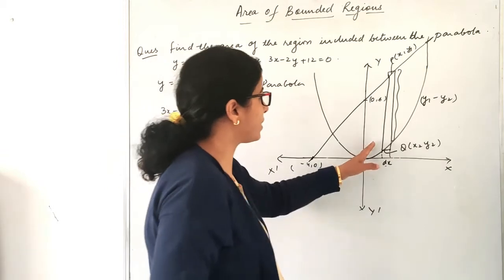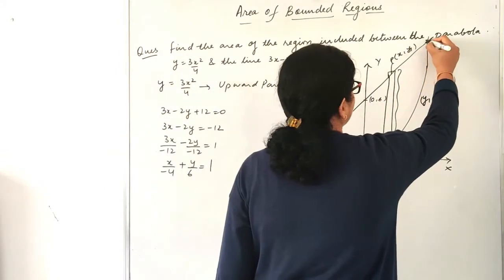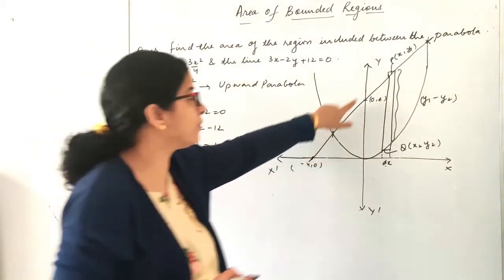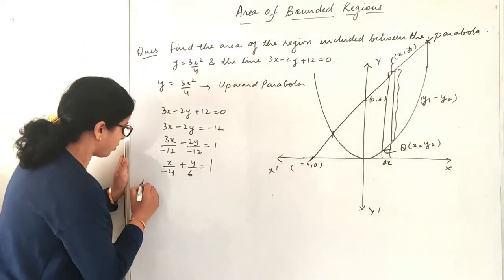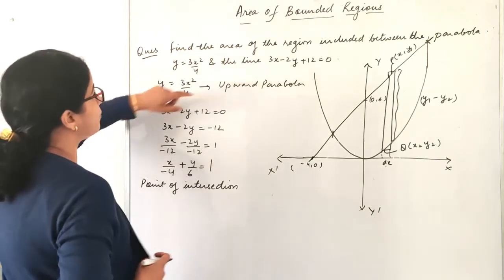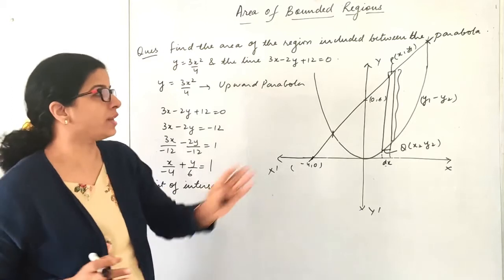And this rectangular strip will vary from this point to this point. So basically I have to find the coordinates of the point of intersection of the line and the parabola. So point of intersection. How can we find those points? You can find out the value of x and substitute in this and get the coordinates, right?